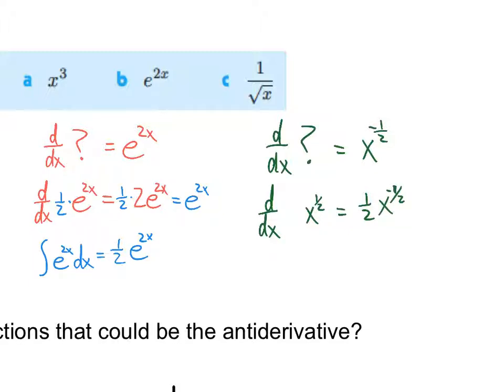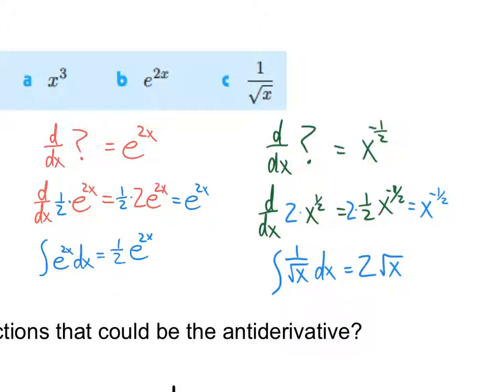You said 2x to the half. Yeah. Multiply by a 2 to get rid of that half, and we get what we're looking for, x to the negative 1/2. So the integral of 1 over radical x dx is 2 radical x.